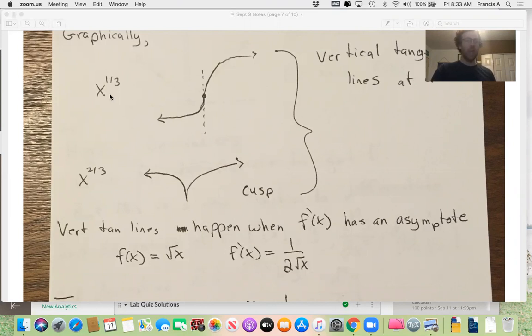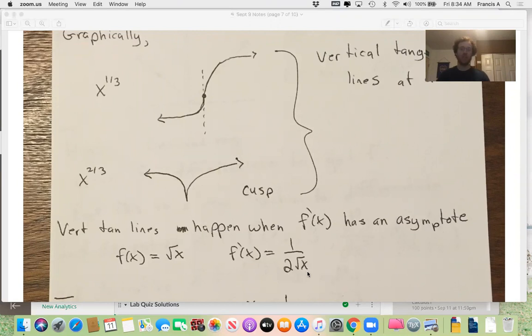We haven't computed the derivatives of these two things yet, but we have talked about the square root, and we saw that there is a vertical tangent line for that. And we had seen graphically that square root of x has a vertical tangent line at 0. And if we think about f prime of x, 1/2 square root of x, at 0, this thing has a vertical asymptote, because if you put in 0, the form is 1/0, and that says you have an asymptote there.